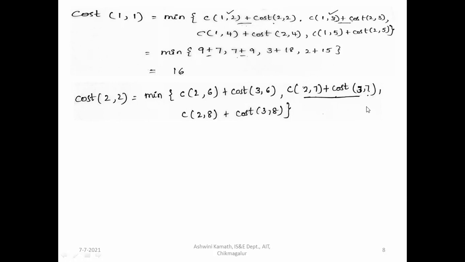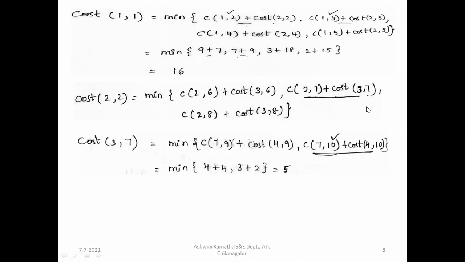Now I have to check this cost of 3, 7. Okay, in cost of 3, 7, I have got C of 7 to 10 and cost of 4 to 10. This cost of 4 to 10 we know that value, that is from 10th vertex to the sink vertex.